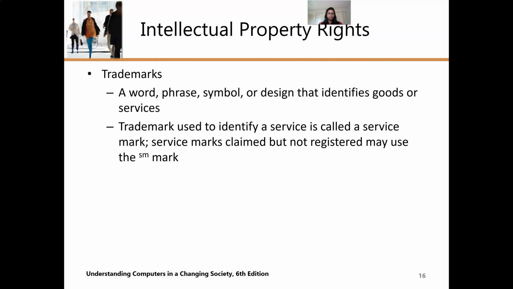Coming to trademarks. A trademark is a word, phrase, symbol, or design that identifies goods and services. Trademarks used to identify a service are called service marks. Service marks claimed but not registered may use this particular symbol shown on the screen.